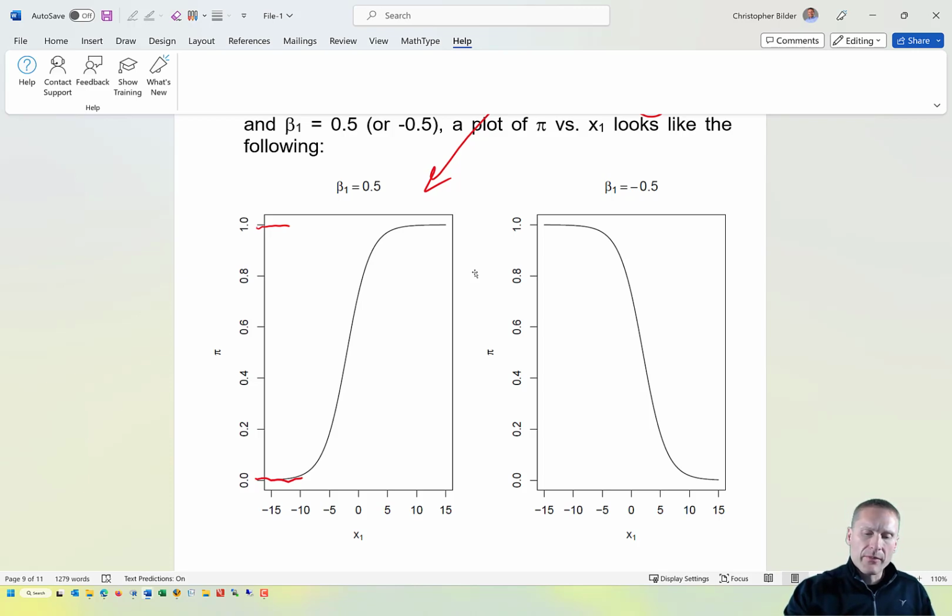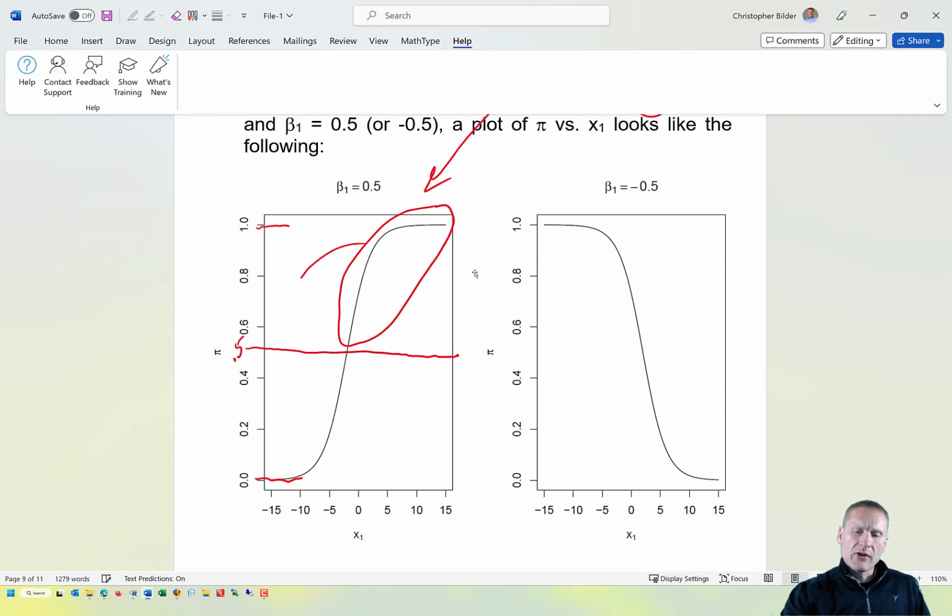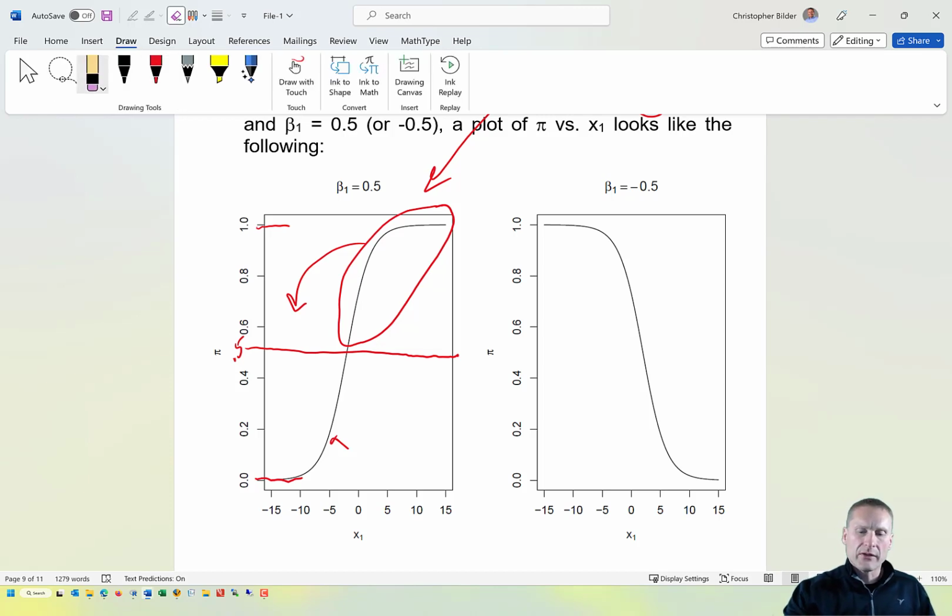For example, if I were to draw a line here at 0.5, and if I were to take what's up here and rotate it 180 degrees and put it down below the line at 0.5, we get exactly the same thing that you see below the line of 0.5. And so because of that, we can say that this resulting model is always rotationally symmetric. Let me do a little bit of erasing here.